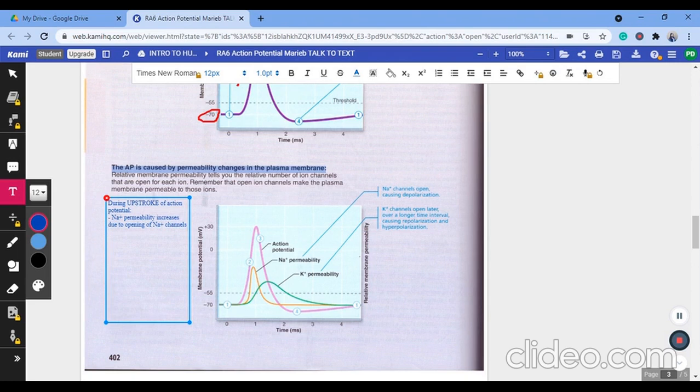Also, just to keep in mind, the membrane potential approaches ENa.